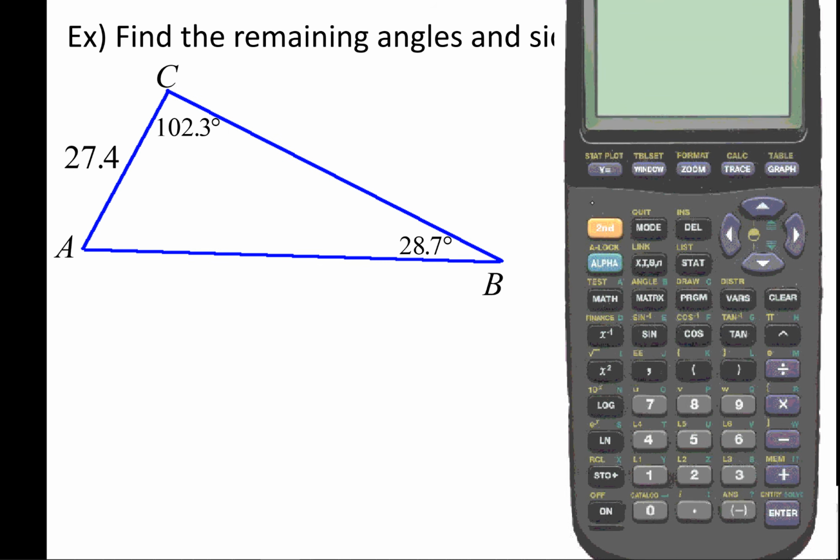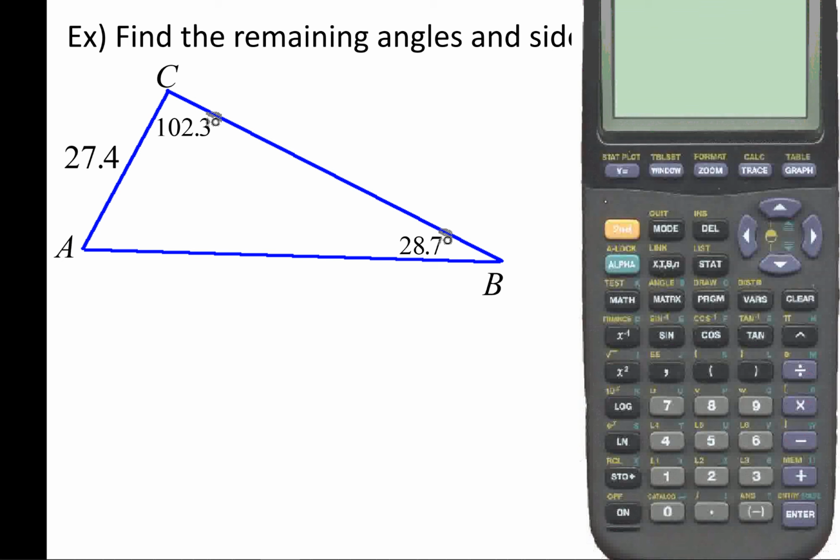As I mentioned earlier, we are missing side A, angle A, and side C. We do have side B and angle B. One of my suggestions is to start with the letters of the angle and side that you know everything about.